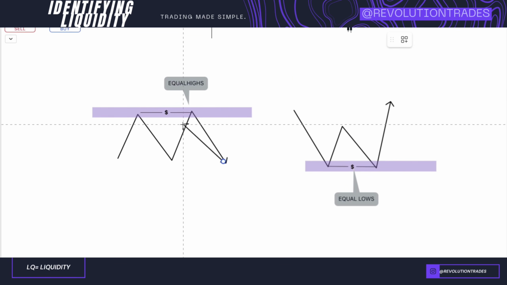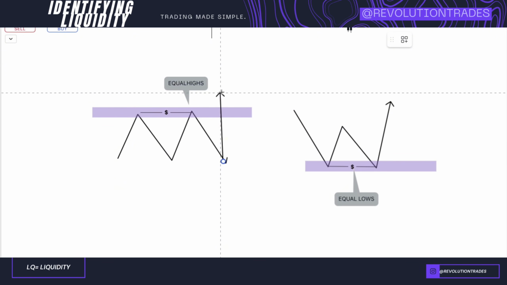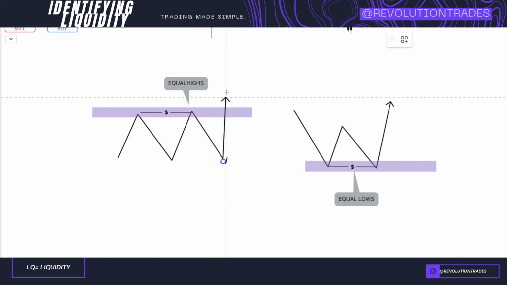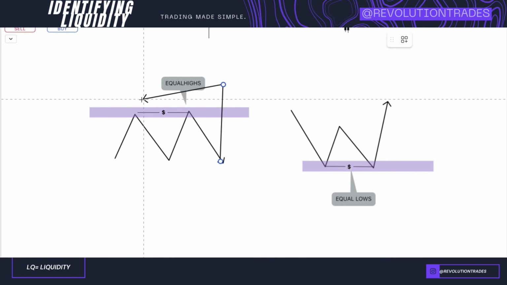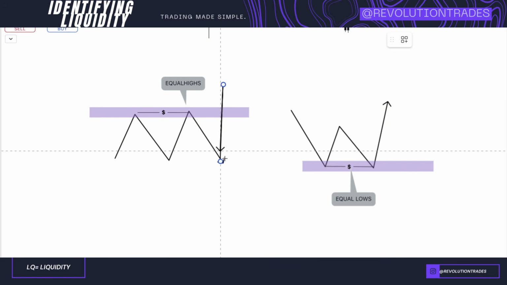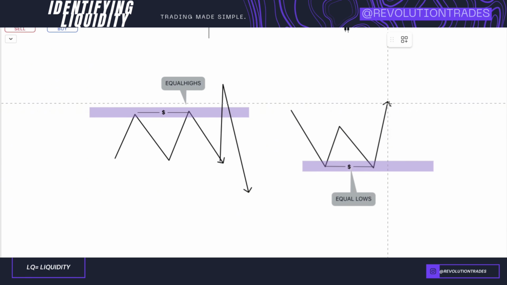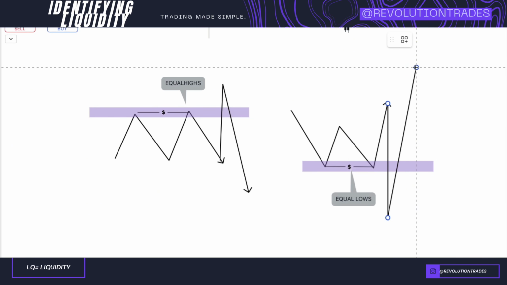But in reality, it's just taking these people out. And when it takes people out and holds here, it then sells back down, because it has enough strength to do the movement. And that is what liquidity is. That is how I explained it in the beginning. Take these equal lows out, hold, and then reverse into the opposite direction, okay?